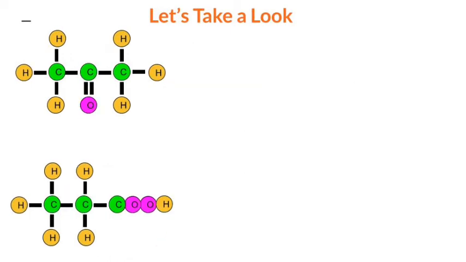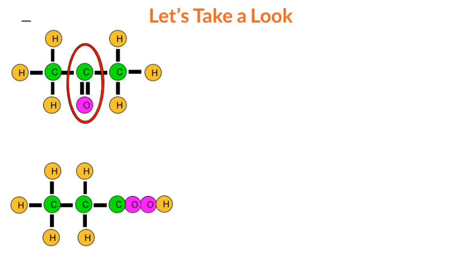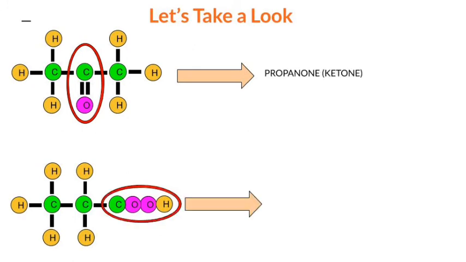Let me take another example of the same but with different carbon atoms. Here I have taken a 3 carbon atom chain in which the functional groups are different. In the first, the functional group is CO, which represents a ketone, so its name will be propanone, which is a ketone.